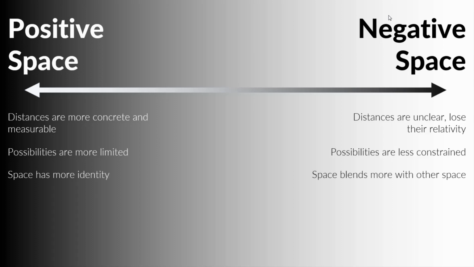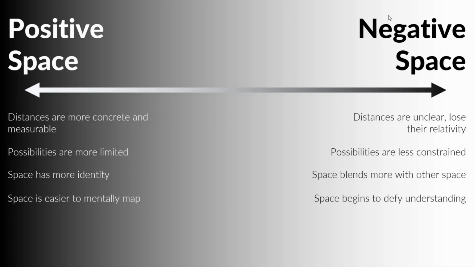One of the characteristics of positive space, as we were saying before, is that it has identity. You can say, I am near this object, or I'm within these objects that create this sort of room. In negative space, the space blends with the other space, and it's less identifiable from point to point.